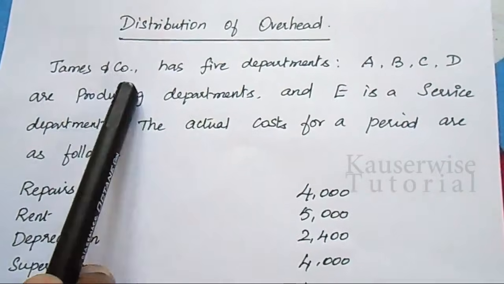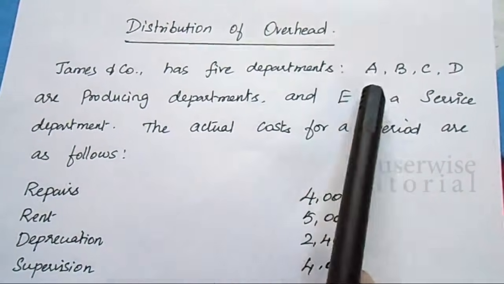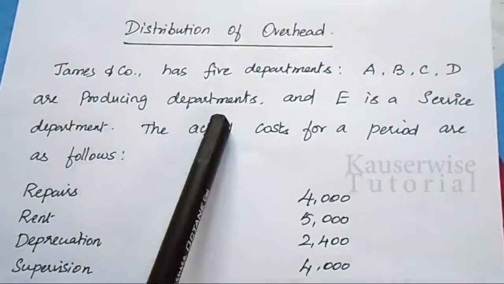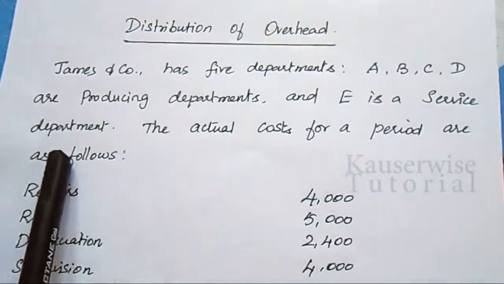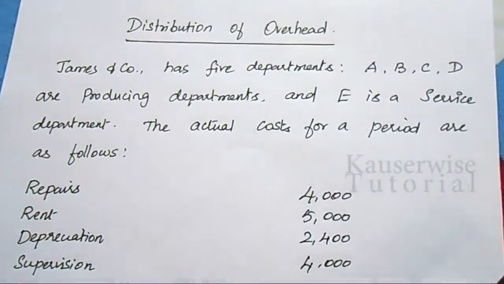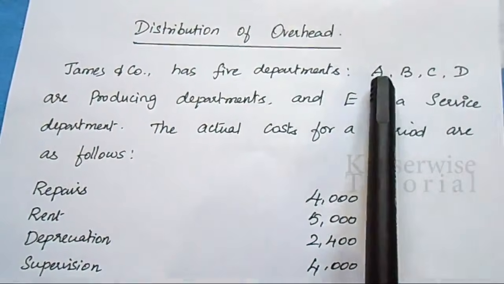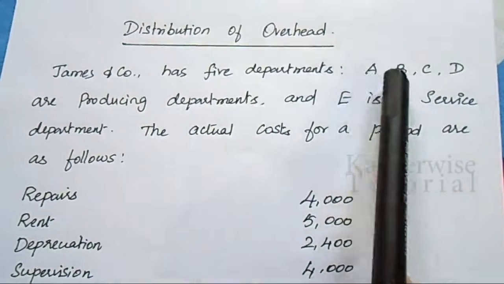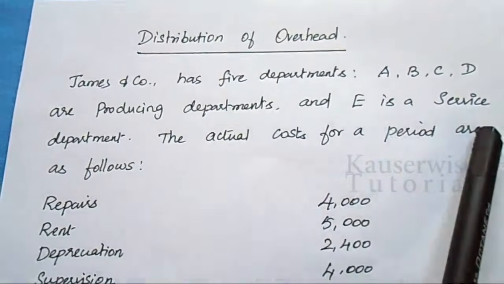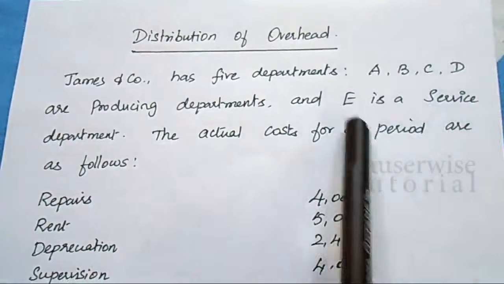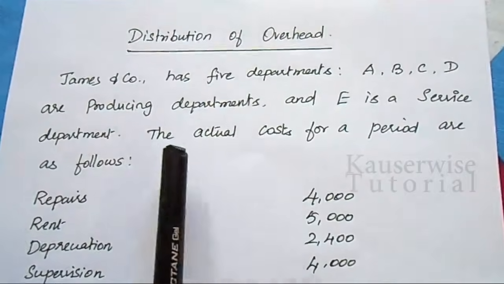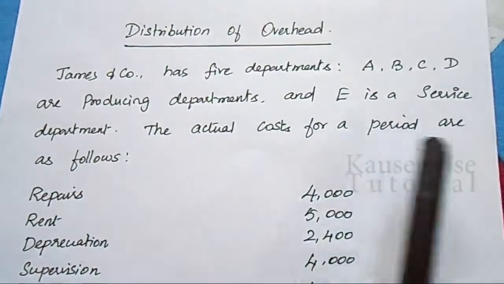See, James company has 5 departments: A, B, C, D are producing departments, and E is a service department. So two different kinds of departments are there. First one is production department, in which there are 4 divisions. In service department only one department is there. Altogether 5 departments. The actual costs for a period are as follows.